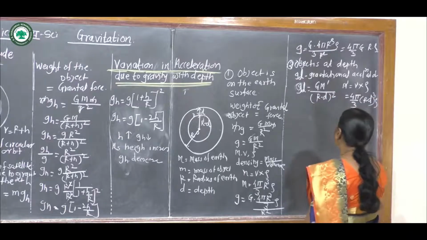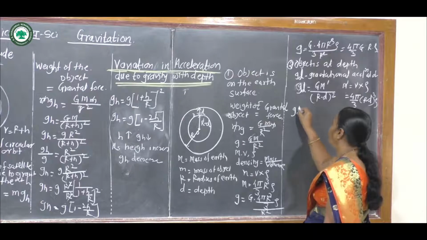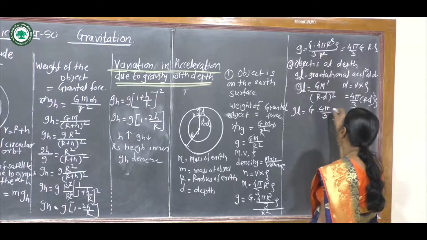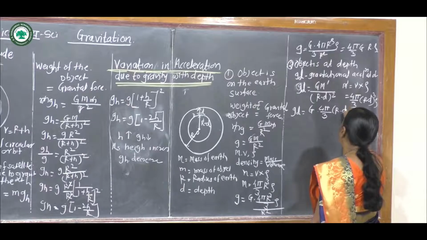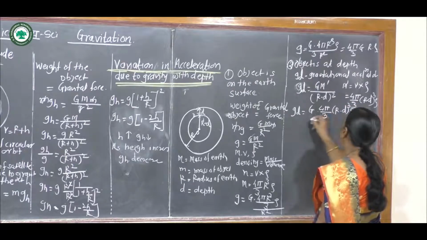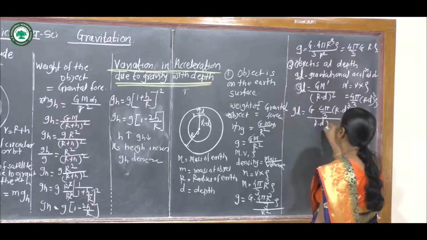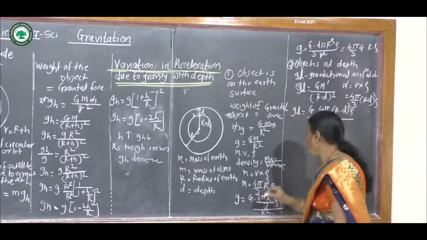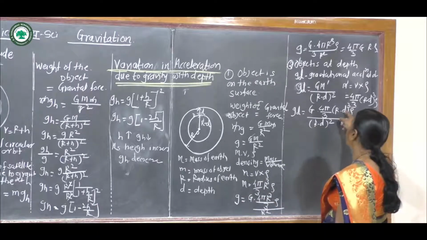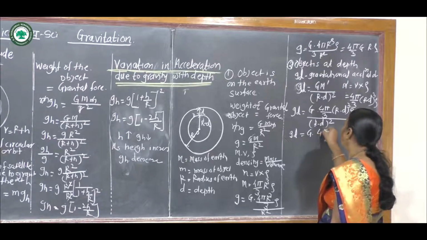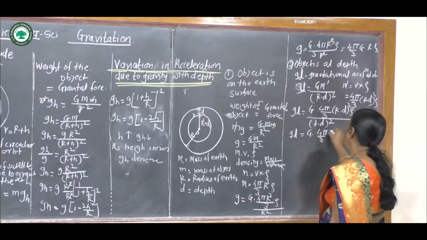Substitute the value of M dash here, we get g_d is equal to G into 4 pi by 3 R minus d cube multiplied by density and divided by R minus d bracket square. Then R minus d bracket square gets cancelled here, and we get g_d is equal to G into 4 pi by 3 into R minus d into rho.